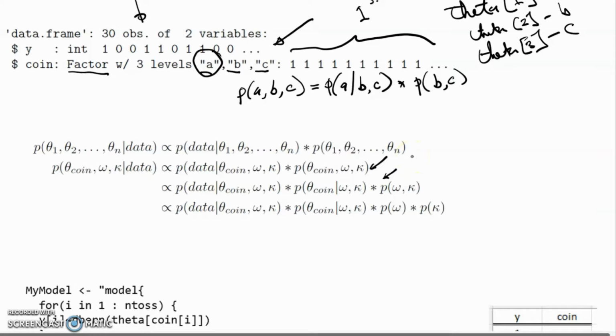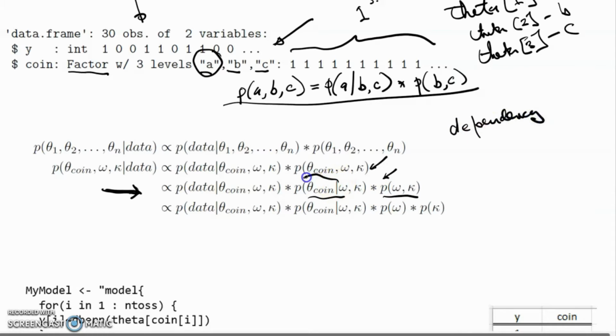But what makes hierarchical Bayesian models so powerful is that, although this is a generalized thing, what we've got in this line right here actually makes sense, because partitioning it out in this way captures the dependency. The parameter theta for each of the three individual coins is going to be dependent on the values of omega and kappa.